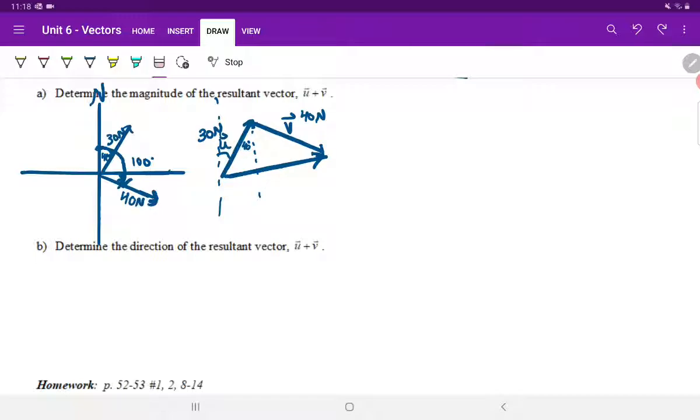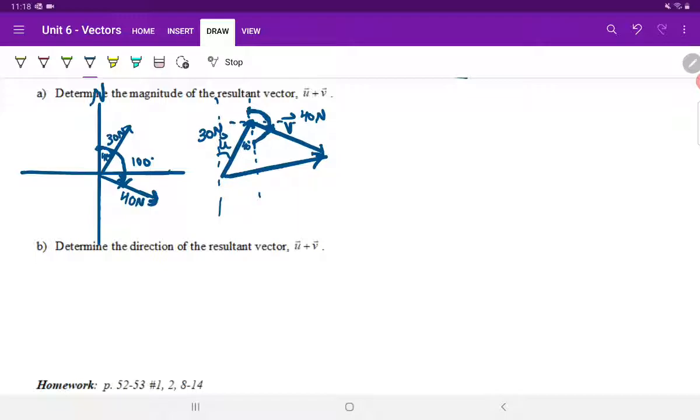Well, remember that I drew this second, that my v vector, I drew it at an angle of 100 degrees from the north going this way, right? So if that's 100 degrees, all the way down to this south line would be how much? If I started on the north and I went all the way down to here, how many degrees would that be?